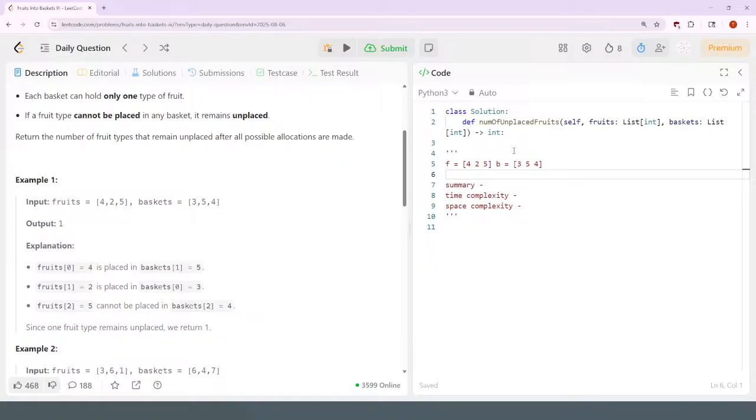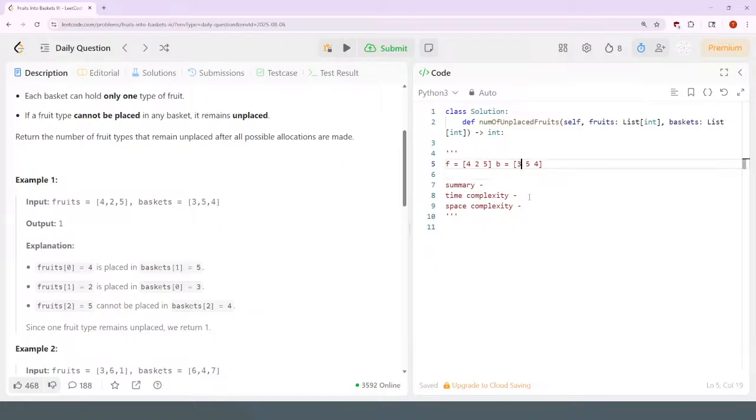You're assigning 4 to a basket. So you iterate over the baskets. 3, 5. 5 has to be assigned to the 4. But how do you keep track of 3?